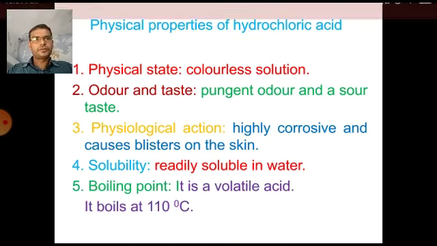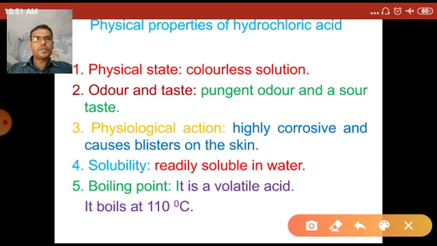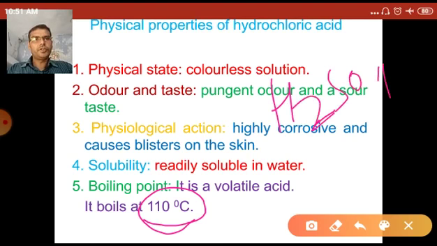Boiling point: hydrochloric acid is a volatile acid and its boiling point is 110 degrees Celsius. Hydrochloric acid is a more volatile acid than H2SO4, sulfuric acid.